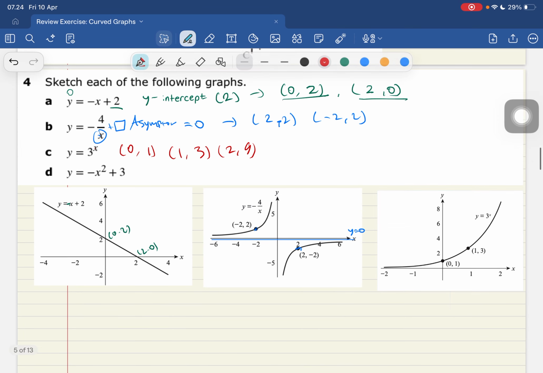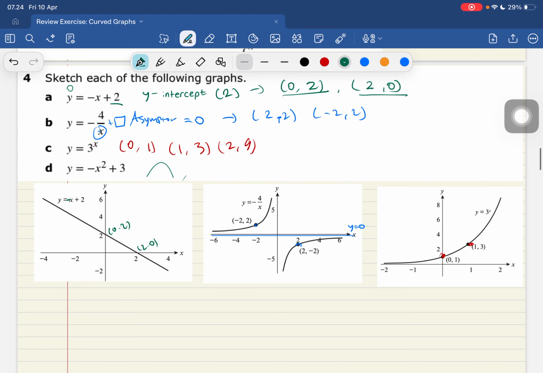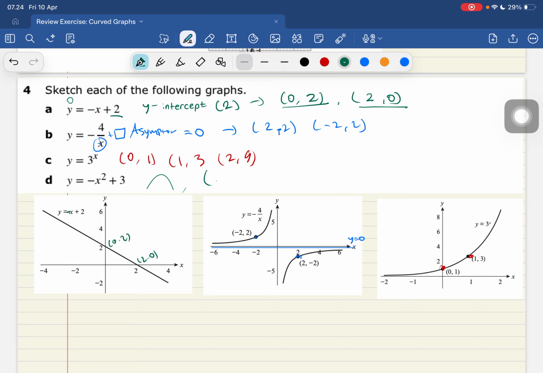So we got the points, and next. Okay, here is negative, so the graph is going like this, down. So let's find the y-intercept. The y-intercept means when x equal to 0, y is going to be 3.